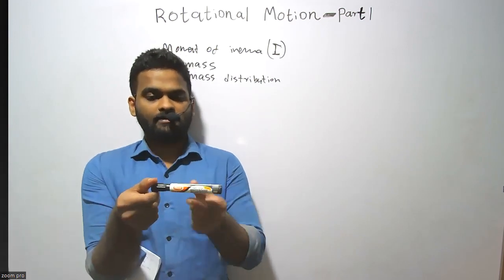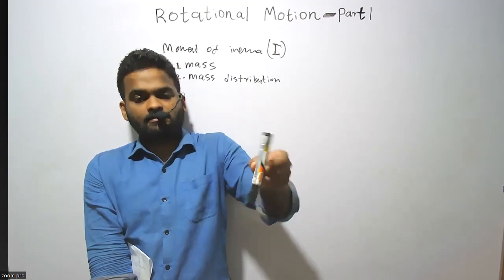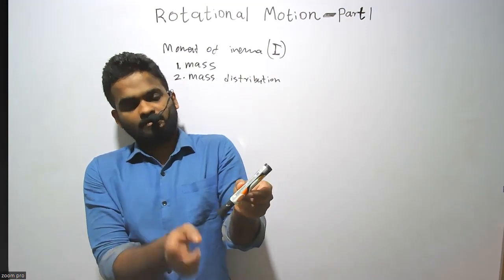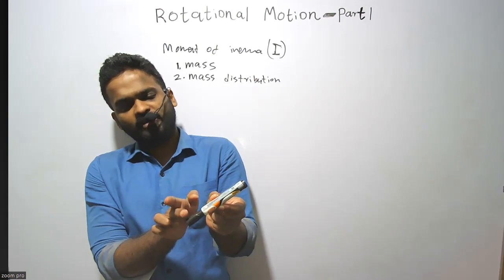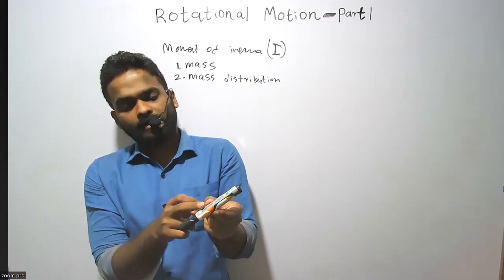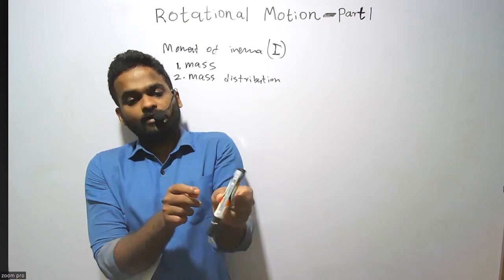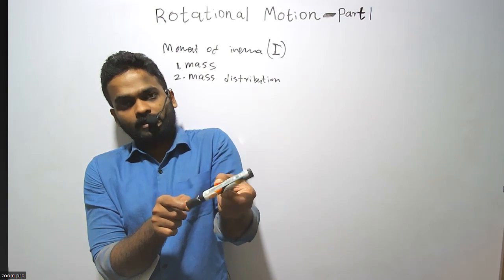So if I rotate this rod around this axis, around here, it is easier because the distances to the points on that rod are closer to this rotational axis, right? Got it?